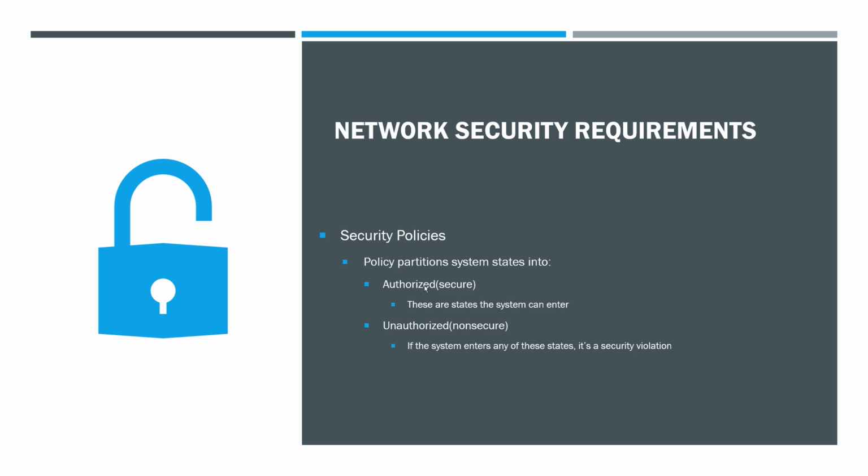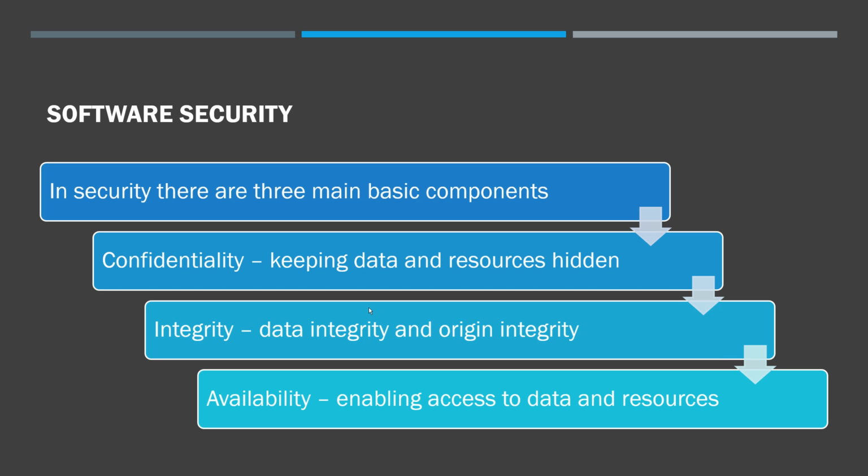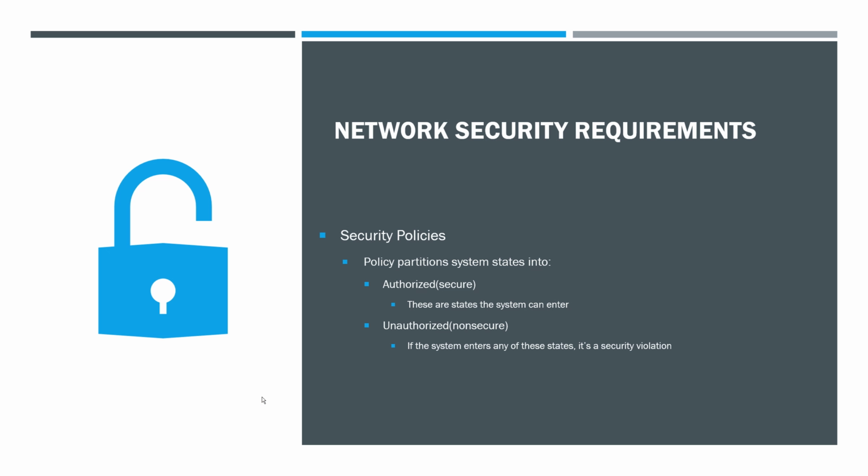There will be an authorized, secure state, and the unauthorized state is another state that the system can enter, which is non-secured. If we get to this unauthorized state, then the system is in a security violation. That means one of those confidentiality, integrity, or availability policies has been violated, and we should be warned about that on the network.